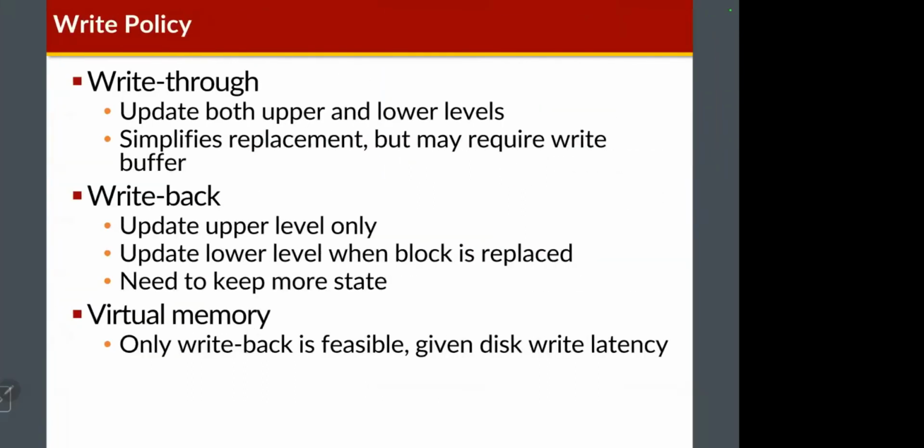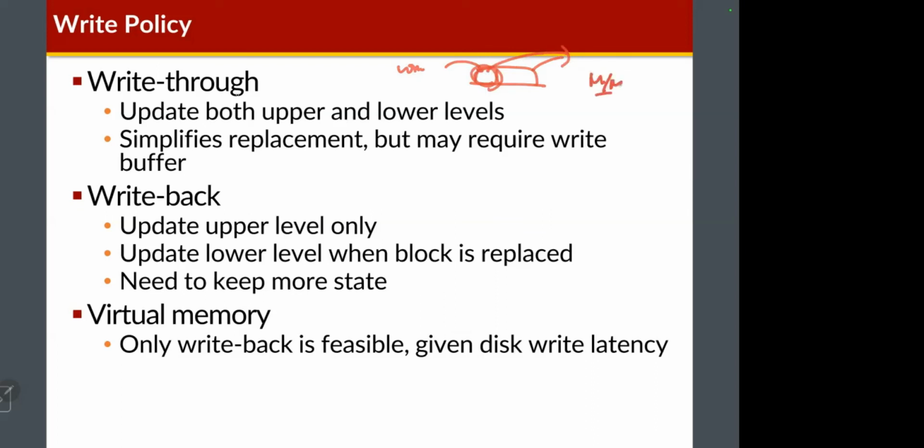And then the write policy. We learned about the write through and write back policies. Write through means that when the write transaction hits in the cache, the cache block is updated, and at the same time this update is reflected to main memory.